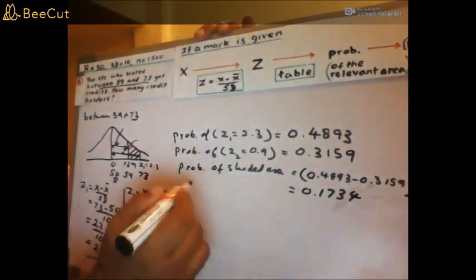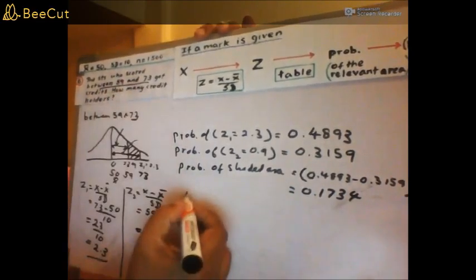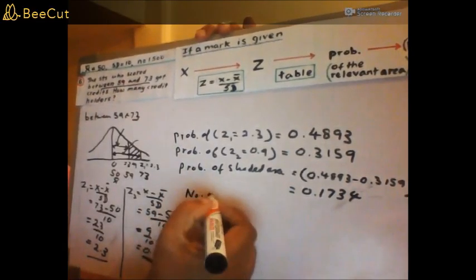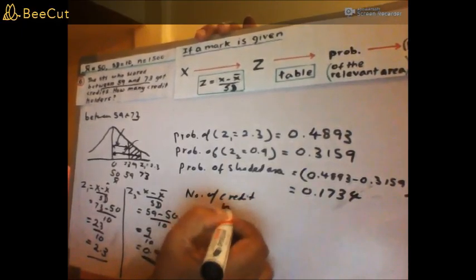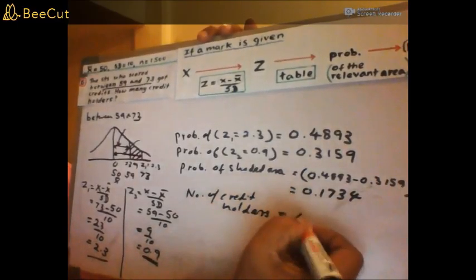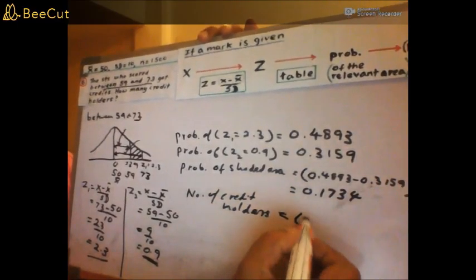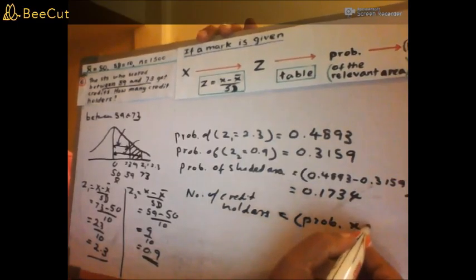Then we have to find the number of credit holders. You have to write very neatly.